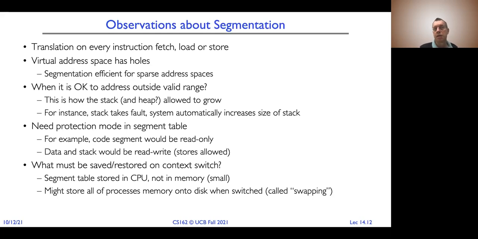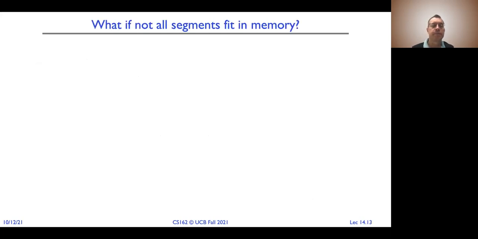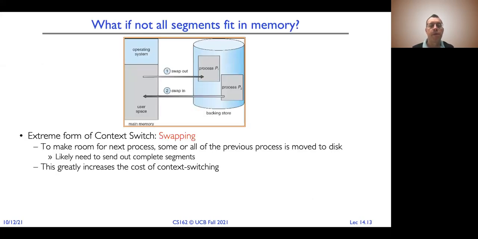Also, like I mentioned earlier, some of the segments of the process which is no longer running can be stored on the disk in order to make room for the segments of the next process being run. Again, if not all segments fit in memory, you save them on the disk and swap them.